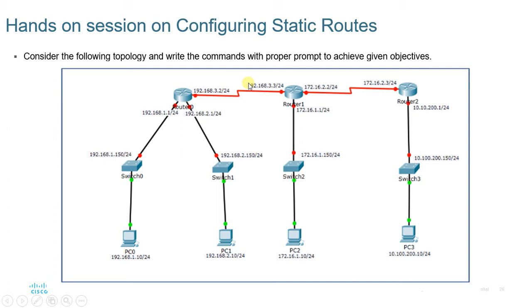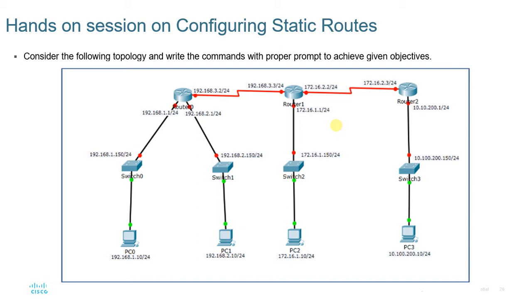Similarly, it is connected to 192.168.3.0 network, and it is connected to 172.16.2.0 network. There is another router 2 which is connected to 10.100.200.0 network. This is 10.100.200, and it is also connected to 172.16.2.0 network. So some of the networks are directly connected and some of the networks are remote networks.